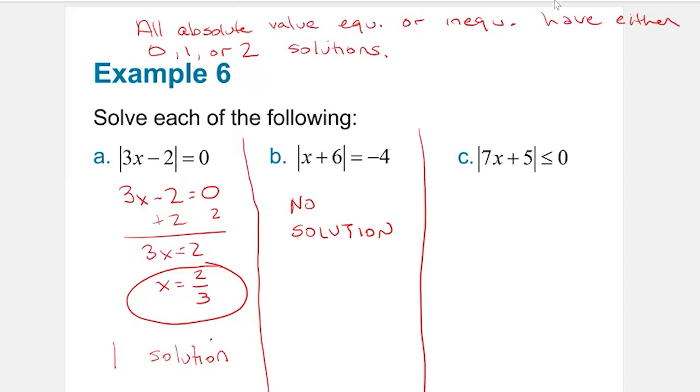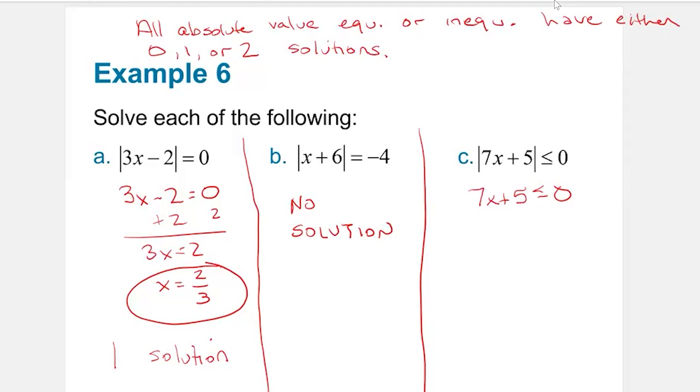Let's see. So I take off my absolute value, and I get 7x plus 5 is less than or equal to 0. But first of all, let's think about what that says. Can the absolute value of 7x plus 5 be less than 0? If I was in class with you, I'd wait for someone to say something, but I'm not, so I'm going to give you the answer.